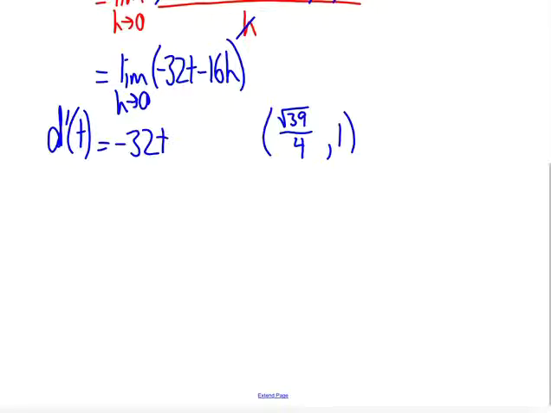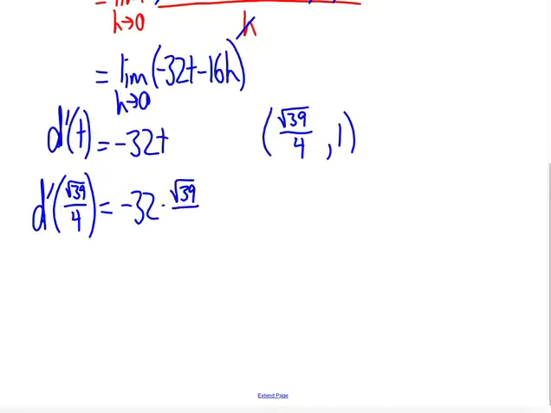So what am I going to do with my derivative now? D prime of root 39 over 4 equals negative 32 times root 39 over 4. Very good. So negative 8 root 39. And this was in feet per second.